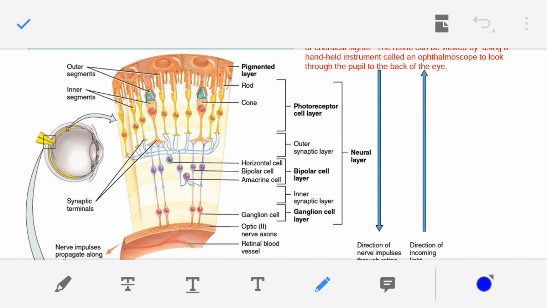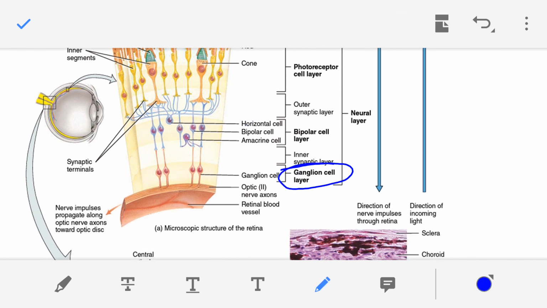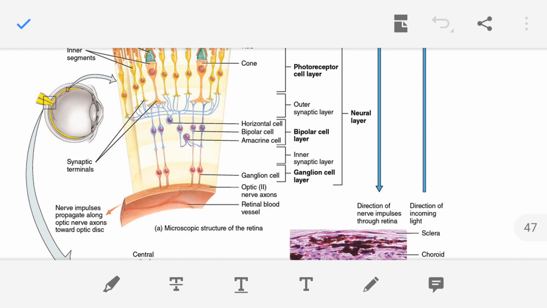Then there is the outer synaptic layer, where you can see the synapses are made. Then after that, the bipolar cell layer, in which horizontal cells, bipolar cells and amacrine cells are present. Then the ganglion cell layer, in which the ganglion cells are present.